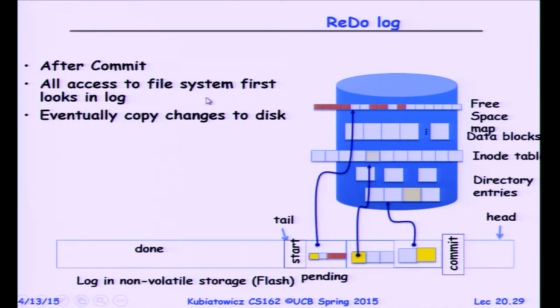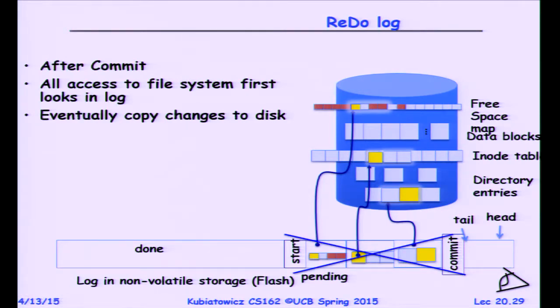So now we can start putting things, we start with the log file system, we eventually copy the changes to disk, all right, where we're actually putting things in. And then when we finally put all of these changes into the disk, then we can reclaim this log space. Okay? So notice the interesting thing here.